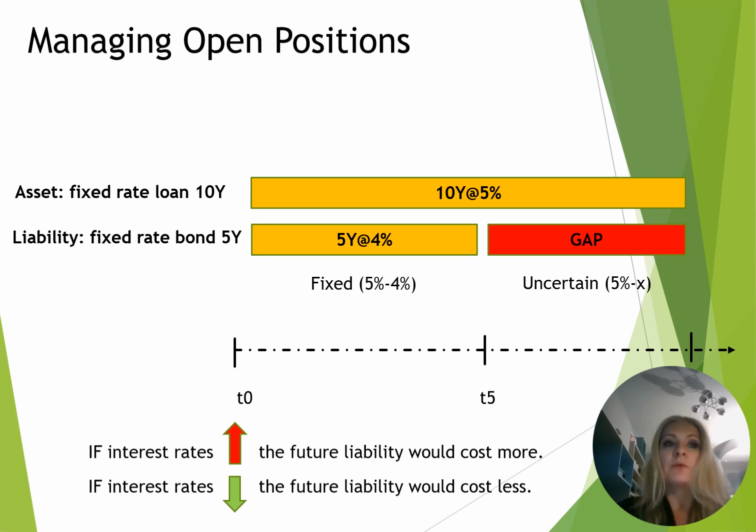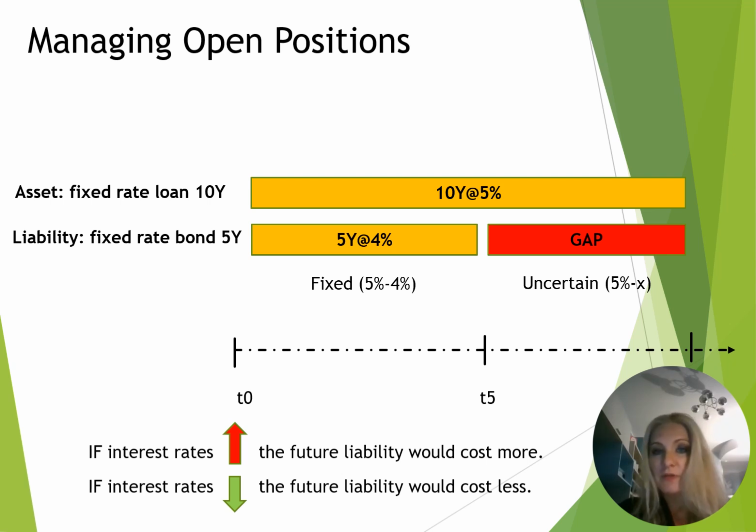So for example, as you can see on this presentation, I have the fixed rate asset with the repricing tenor of 10 years, and it is funded by the fixed rate liability with tenor of 5 years.